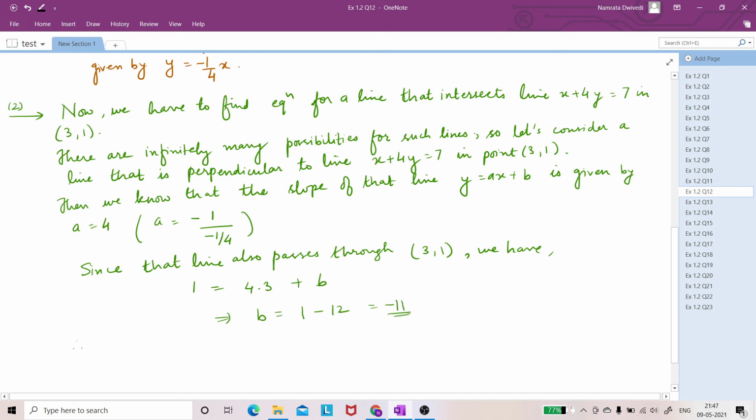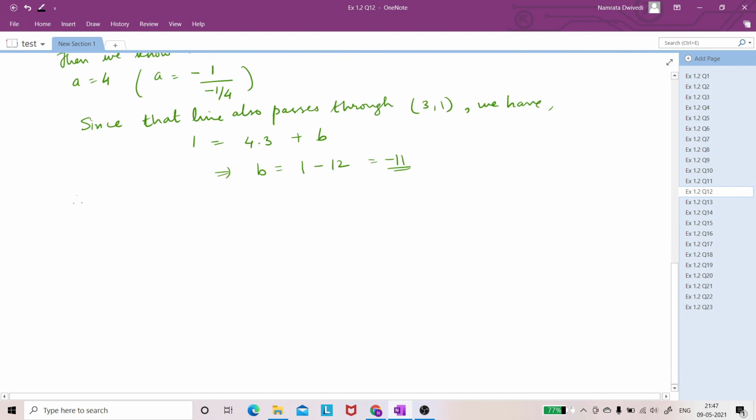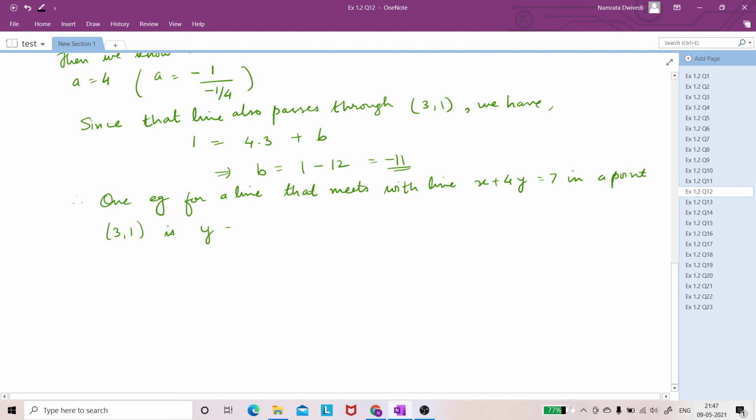So therefore we get the answer. One example, because it has infinitely many solutions, for a line that meets the line x plus 4y equals 7 at the point 3 comma 1 is y is equal to 4x minus 11.